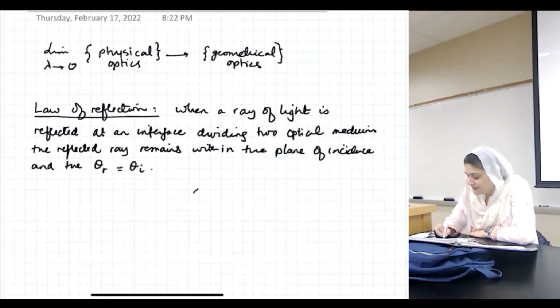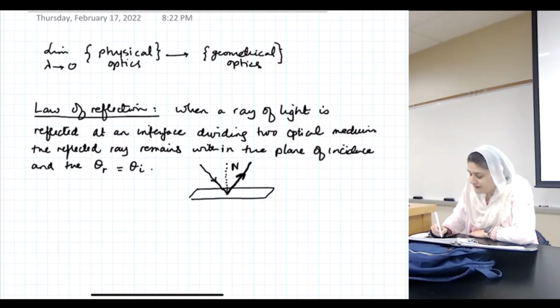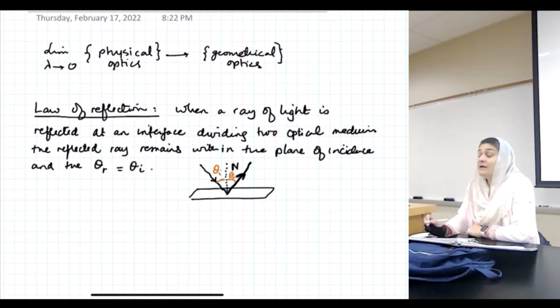What does that mean? If I draw it, imagine that this is my plane. This is the normal to the plane. And if I have an incident ray coming in, I have a reflected ray going out. And the angle of incidence equals the angle of reflection.